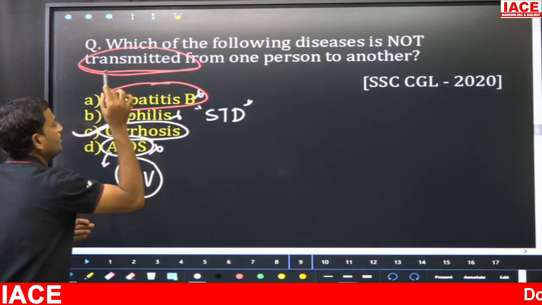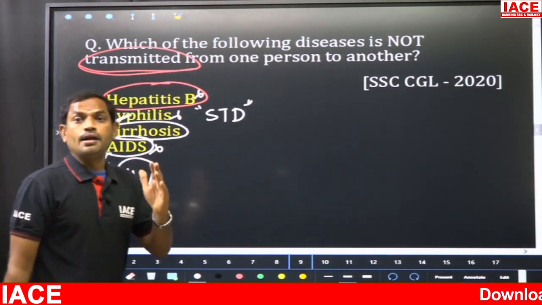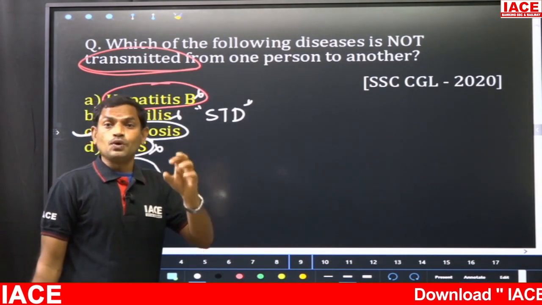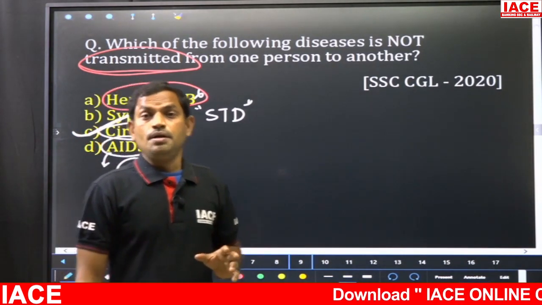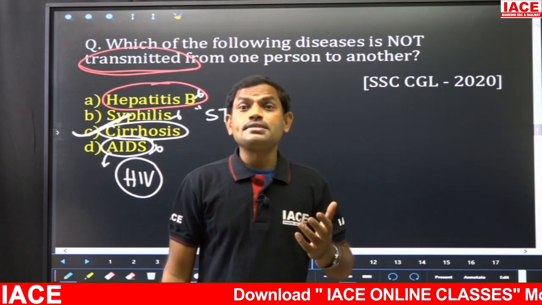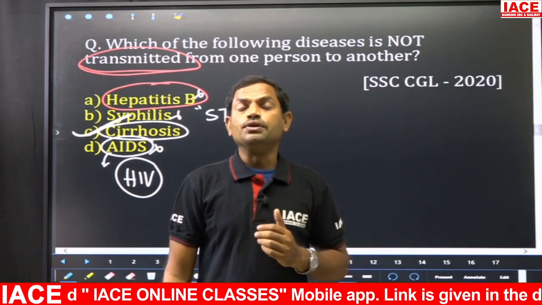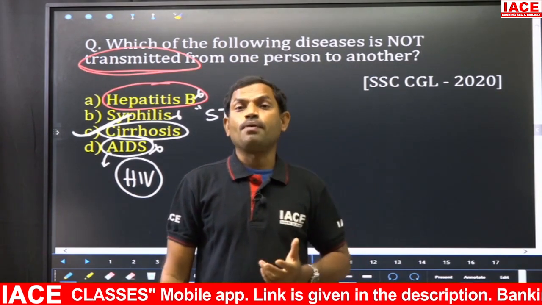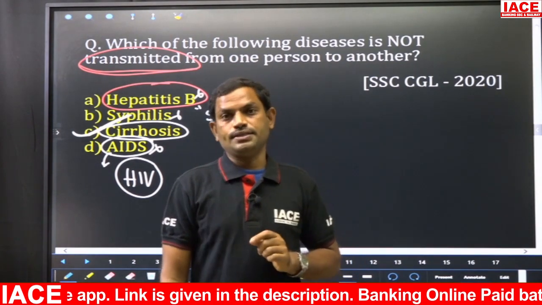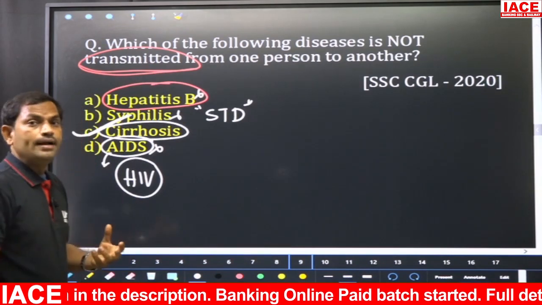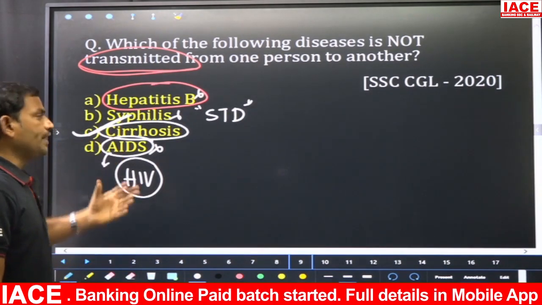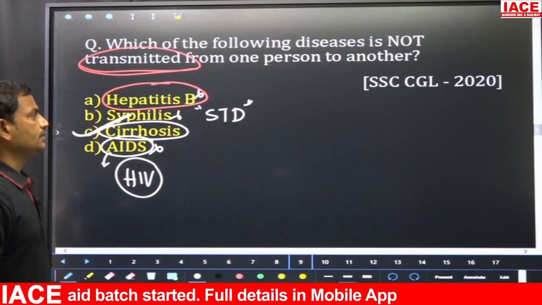Option C is the right answer for this question. And remember, cirrhosis may also be called liver cirrhosis, caused by excess consumption of alcohol, and also other liver related problems. Clear? So we should avoid intake of alcohol so that we can keep our liver healthy, right?